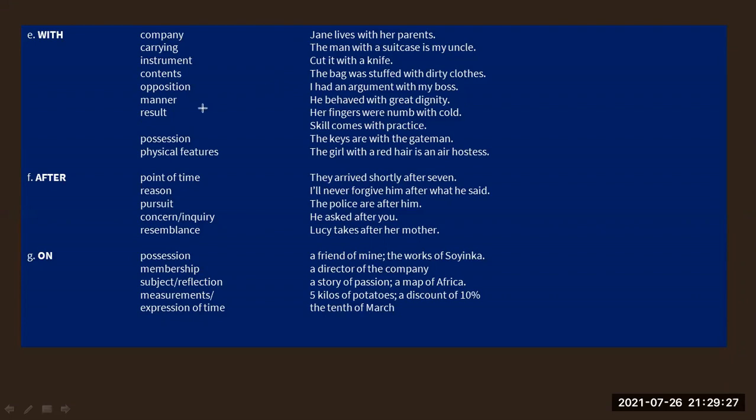Okay, so you can also use that preposition to indicate manner, the manner in which something happened or how it happened. For example, he behaved with great dignity. If you ask, how did he behave? With great dignity.